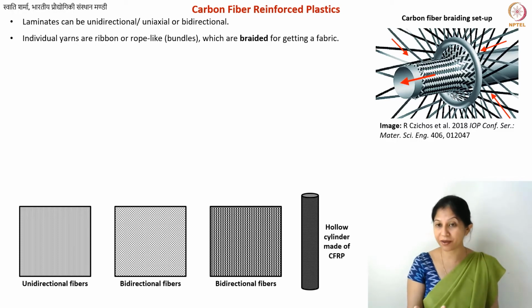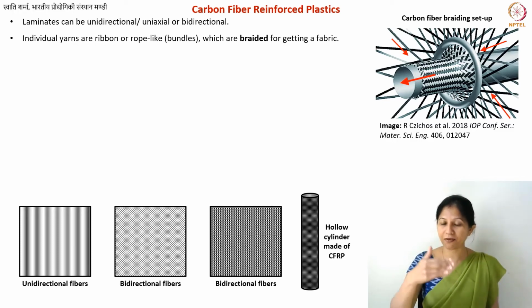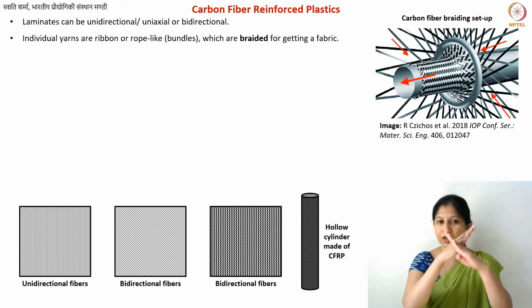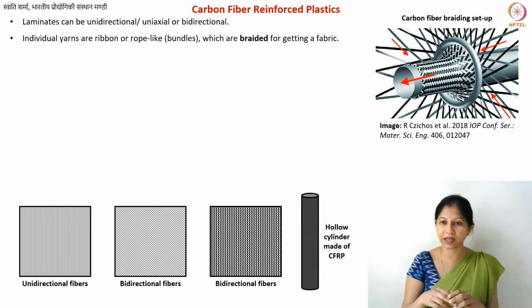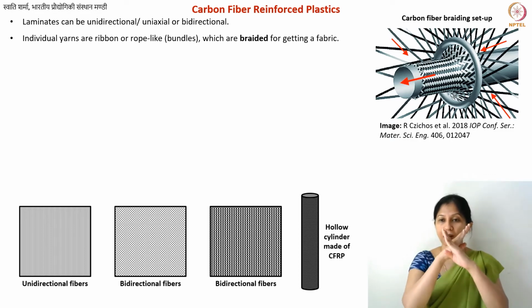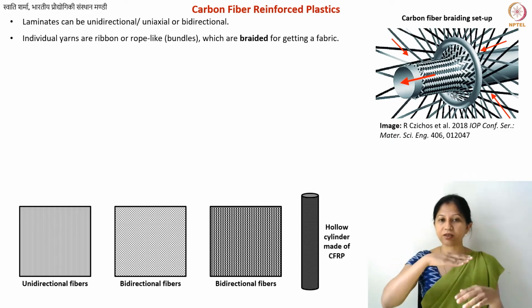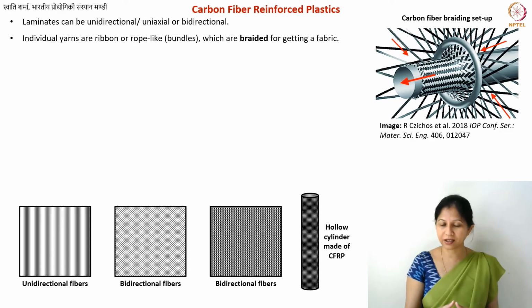Now you can have the mat with just parallel fiber yarns, or you can also have this kind of cross structure, 90 degrees, braided in such a way that they make a right angle with each other. So you can have them as a cross, or you can also have them like this. Basically this cross-like structure is what you have in bidirectional fibers.